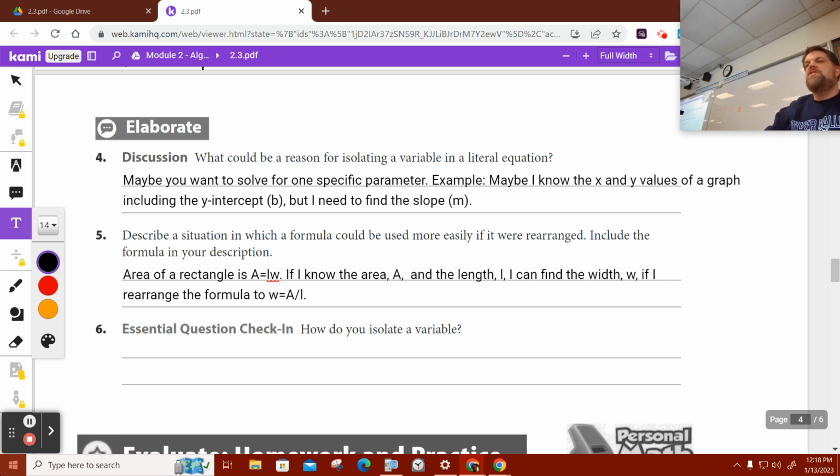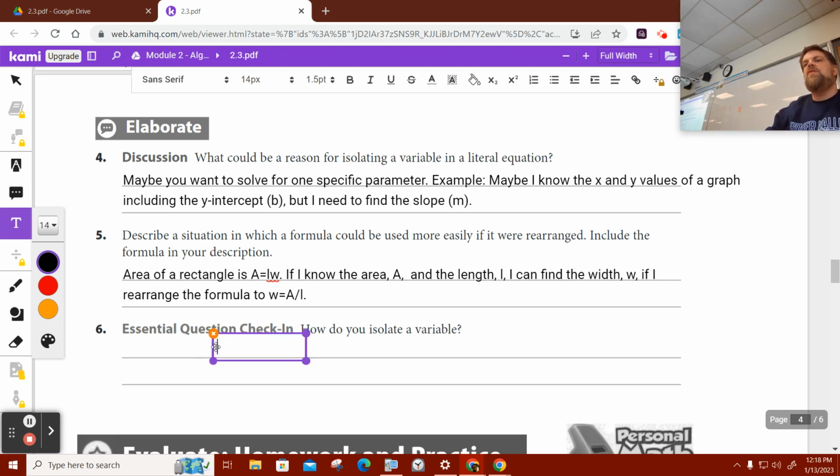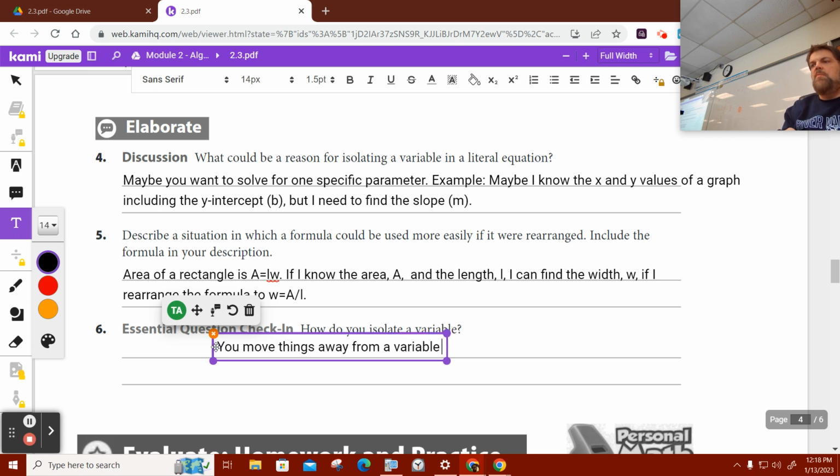Yeah. So essential question, how do you isolate one variable? I'm going to say you move things away from a variable by doing the inverse operation.